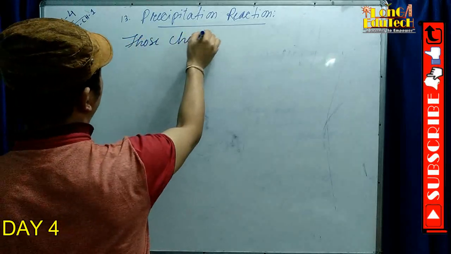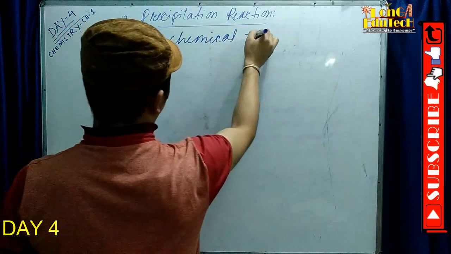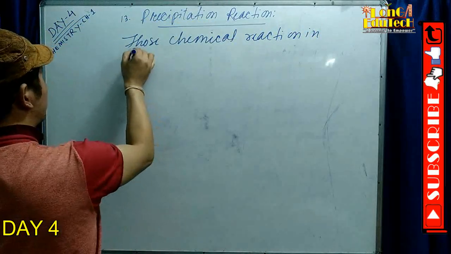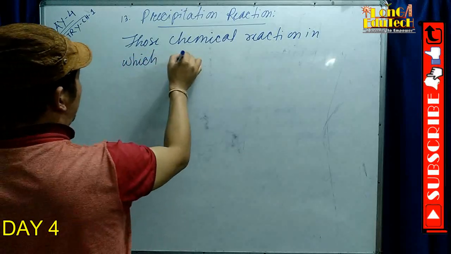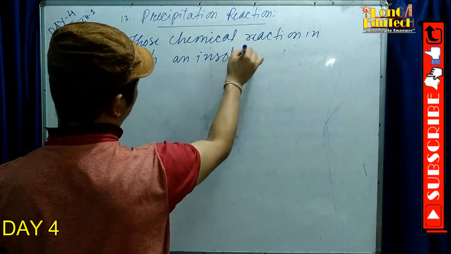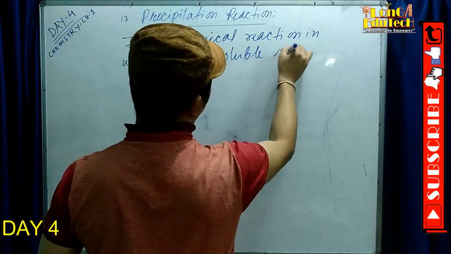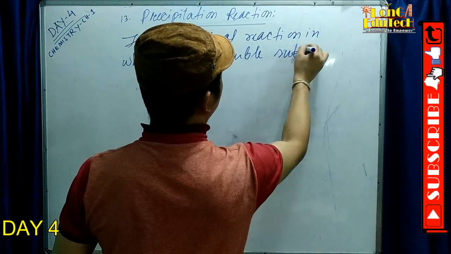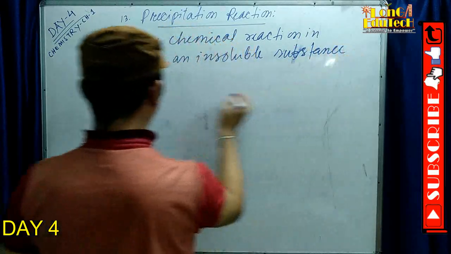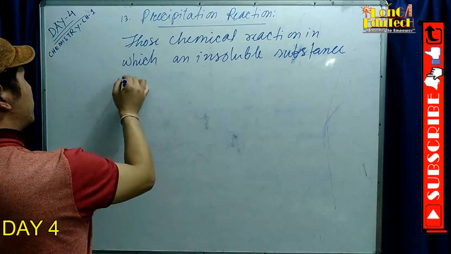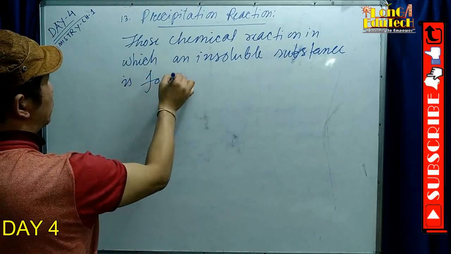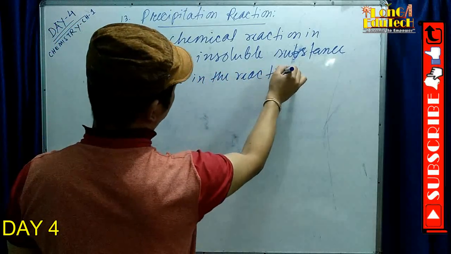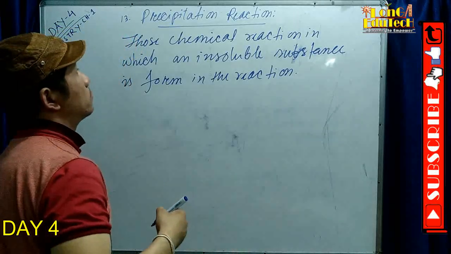Those chemical reactions in which an insoluble substance or compound, we can say, is formed in the reactions, it's called precipitation reactions.